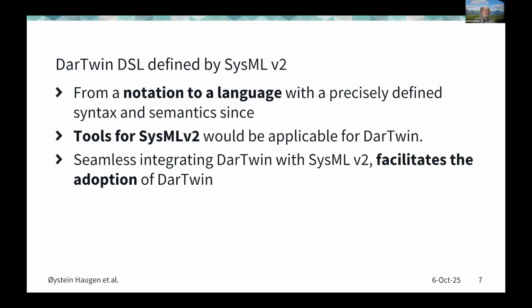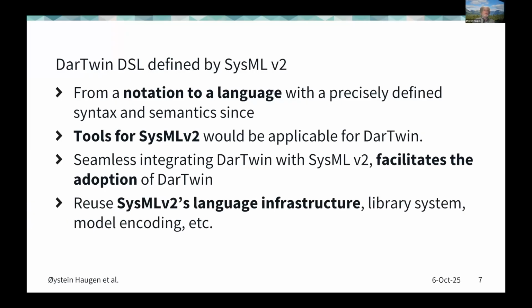And we wanted to see that SysML version 2 might give us a seamless integration, which could also help DarTwin and its adaptation. And of course, also applying the upcoming language infrastructure for SysML version 2 with library systems, small encoding, as well as the tools, etc.